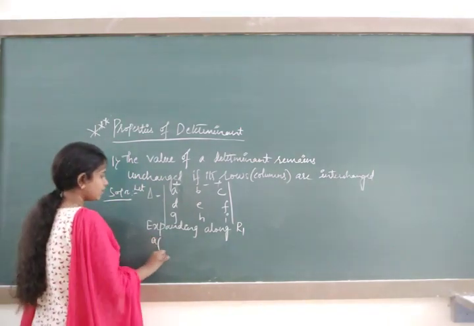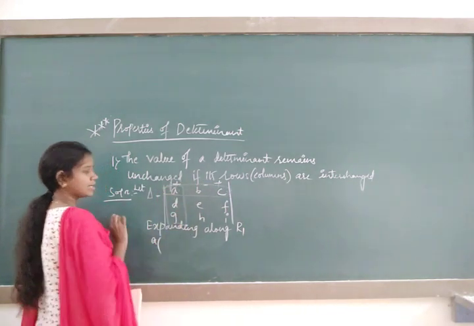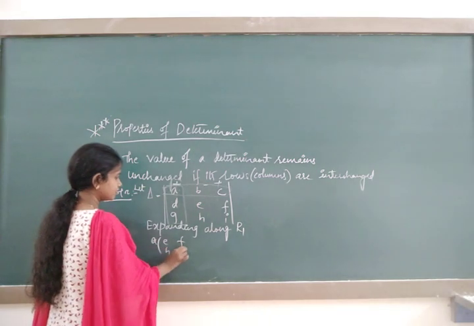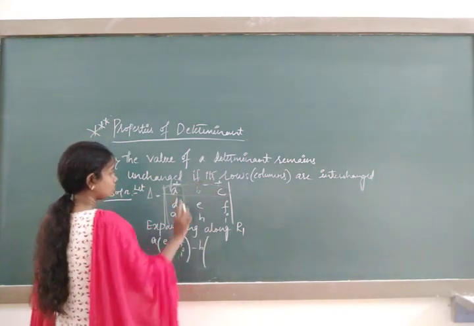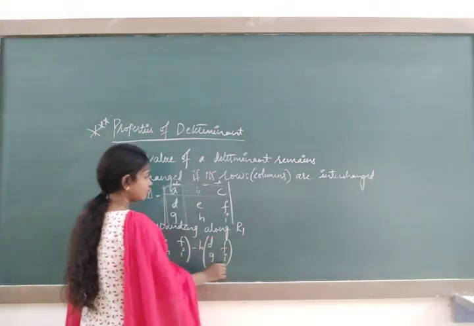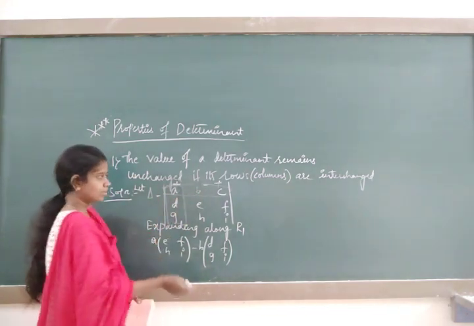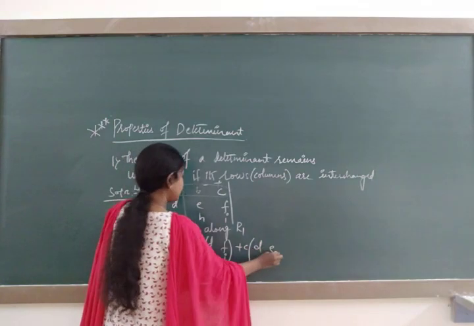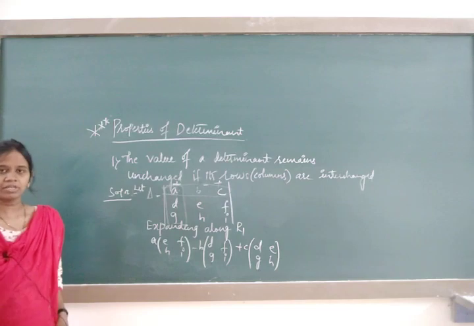So A, wherever A is present, you just close that row and column, remaining as E, F, H, I, minus B. Delete the row and second column, it will be D, F, G, I. Why we are getting this? Wherever B is present, delete the row and as well as the column, plus C, D, E, G, H.